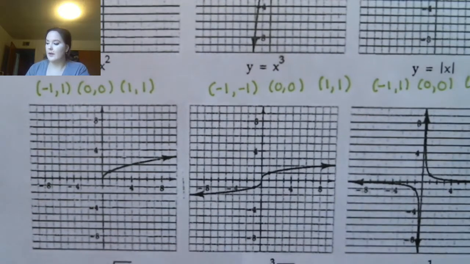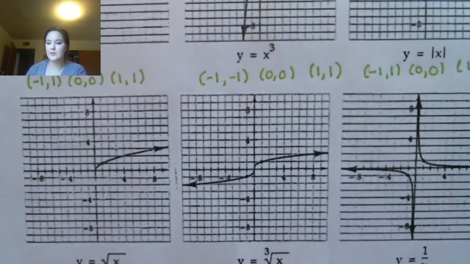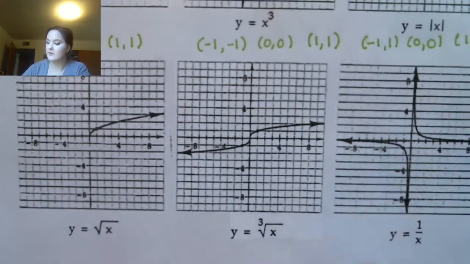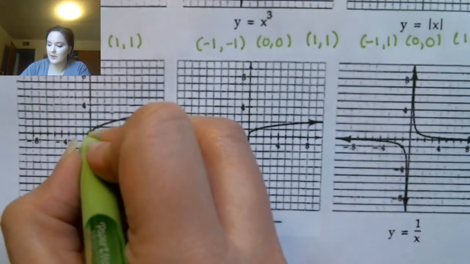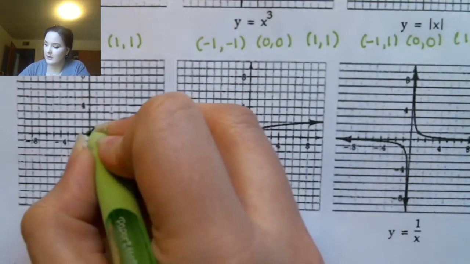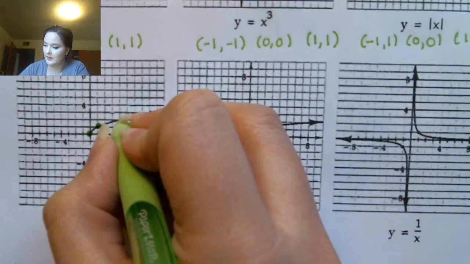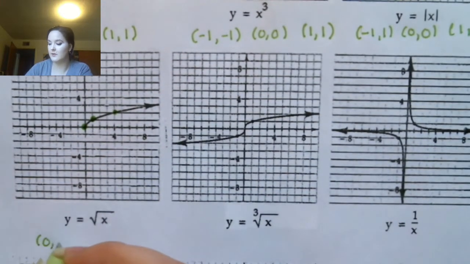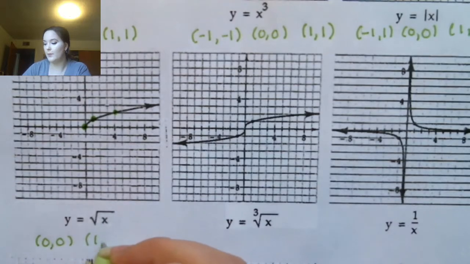This is our base graph for y equals square root of x. Our key points are going to be here, here, and here. Those points will be 0, 0, 1, 1, and 4, 2.